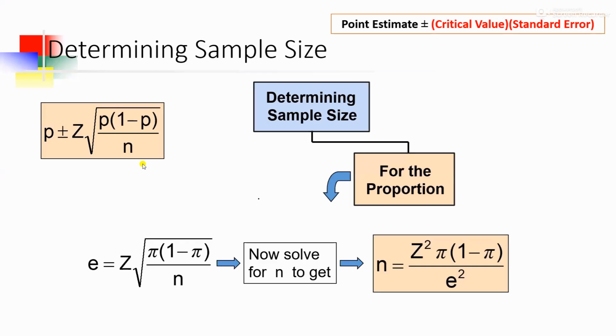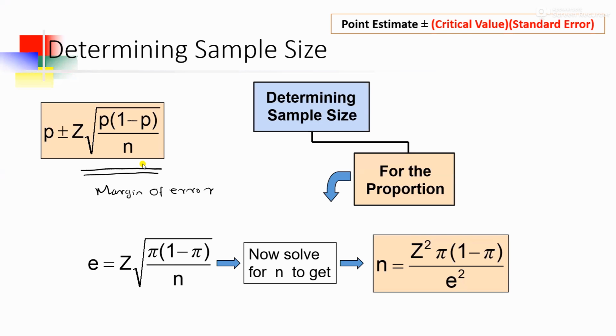Now we are coming to the next, determining the sample size for the population proportion, right? So here the margin of error is given by this piece. Now here also, this P is the sampling proportion.